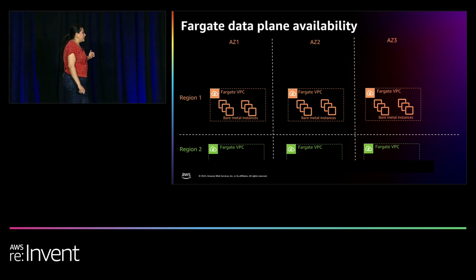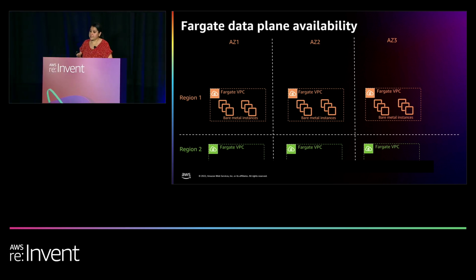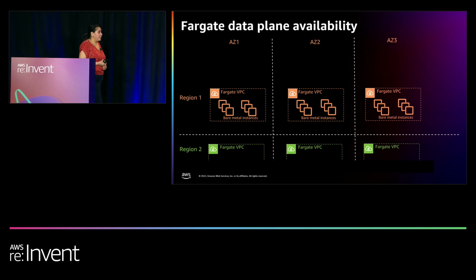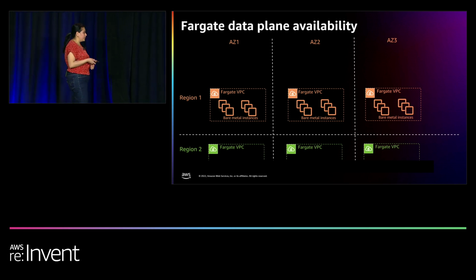And like I said, it's not just about the zonal failures, but we also think about what if an operator is going into a VPC and trying to perform some operations, and they fat finger something. We don't want to affect more than one AZ at a time. Or software deployments, like I mentioned, they're rolled out zone by zone to make sure that if there's any problems there, we're not affecting multiple zones at the same time.